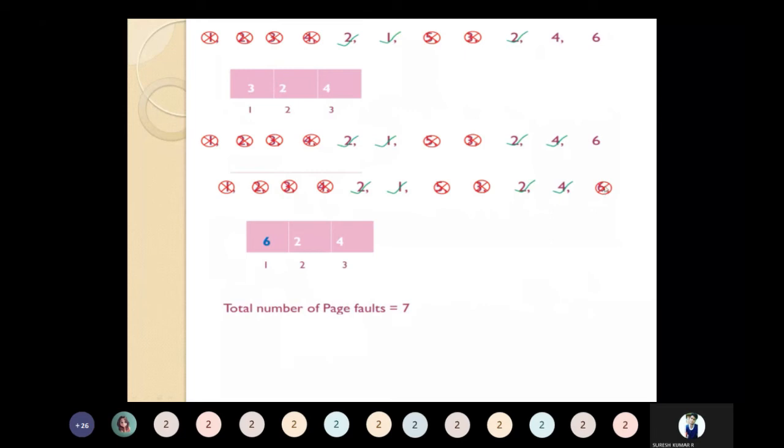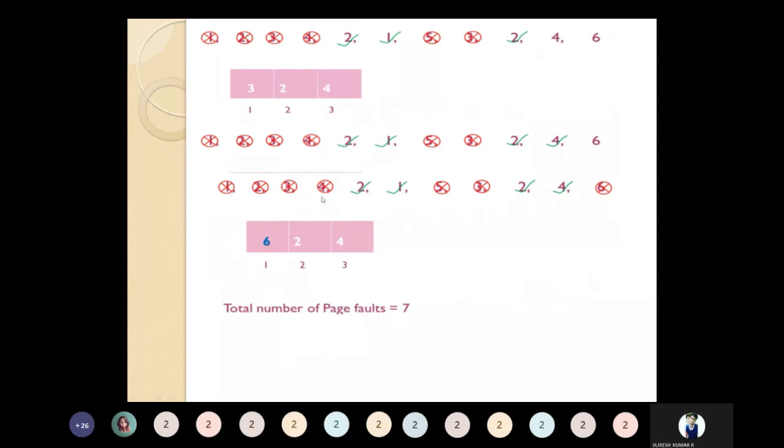So 6 has to be replaced in the third column. Here, this is the last page, so there is no need to check the future. That's why I am filling this 6 in the first column itself. There is no comparison because this is the last one.